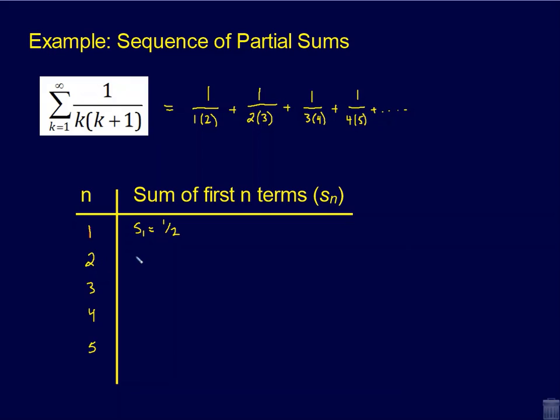Partial sum number 2, which we're going to call S2, is going to be the sum of adding the first 2 numbers, which is 1/2 plus 1/6. And if you just try this, maybe it's mental math for you, maybe it's not, but 1/2 is like 3/6, and 3/6 plus 1/6 is 4/6, and then that reduces down to 2/3.